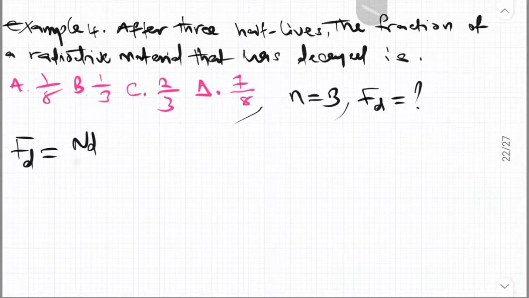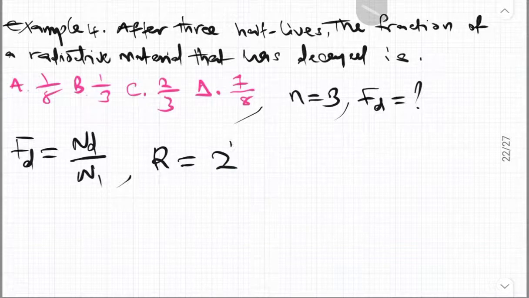Number that decayed over the initial amount, right? All right. So first, since we know that R, which is the disintegration ratio, is equal to 2 to the nth power, we have 2 to the third power since n is equal to 3, which is 8, right?